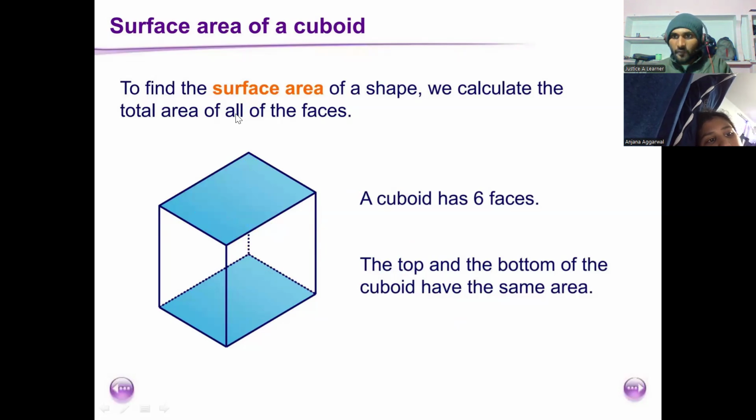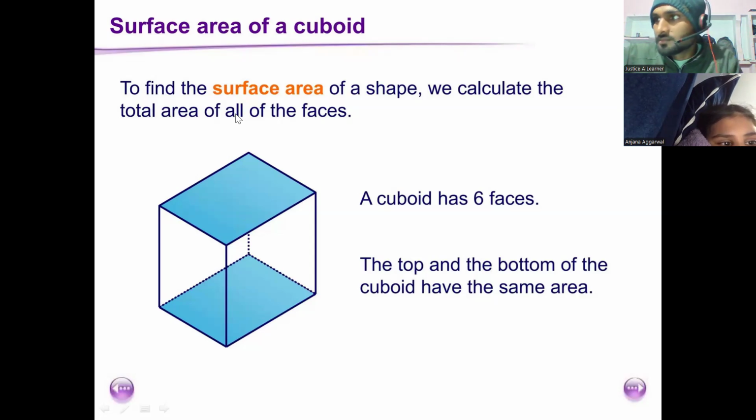We will find that in volumes. Total surface area we will find, but now we are only finding surface area. So surface area does not have top face and bottom face. Are you getting that? Okay, good, very good.